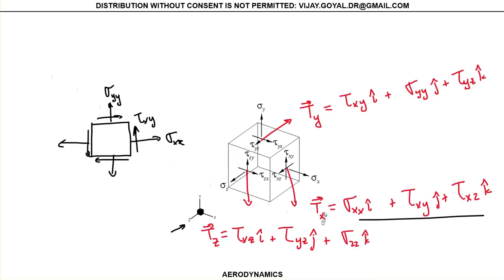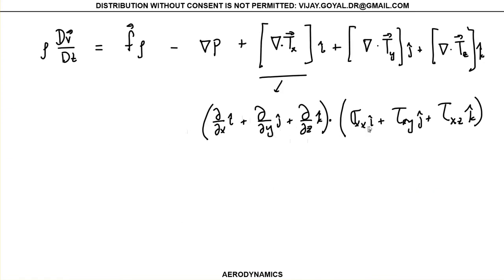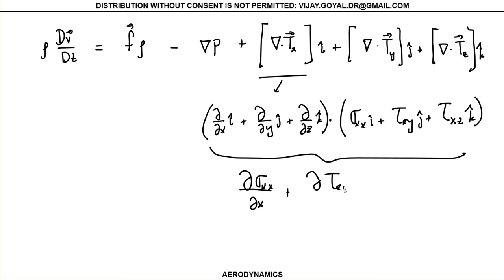Again, this comes from here. The x term is right here. So if we take the dot product, you find that that's actually equal to partial of sigma xx with respect to x plus partial of tau xy with respect to y plus partial of tau xz with respect to z. And that's just for this term. You can do it for the second term and the third term and show that this is how you will actually do it. Okay?